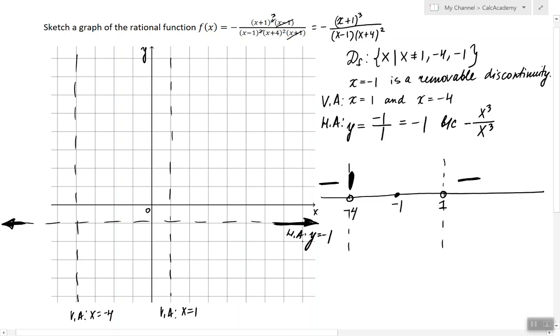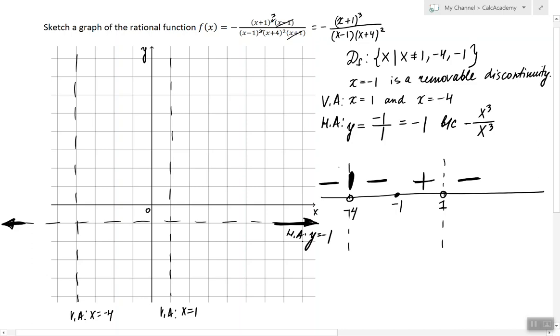And all other signs can be determined from the notation on the sign chart. So if we didn't label 1 with an exclamation mark, that means the sign changes. So from negative it becomes positive. There is no exclamation mark at -1, so again it changes, this time from positive to negative. And at -4 it doesn't change because there is an exclamation mark, so it remains negative.